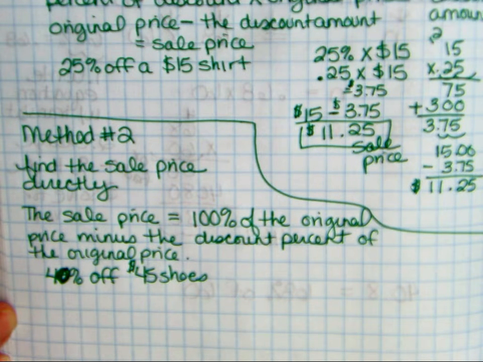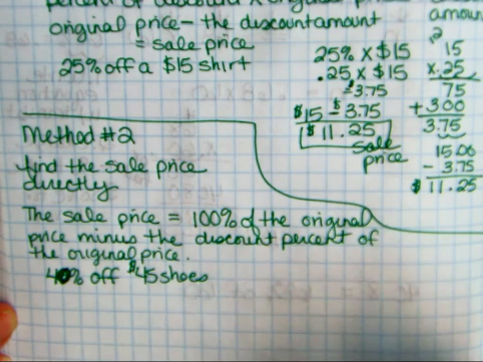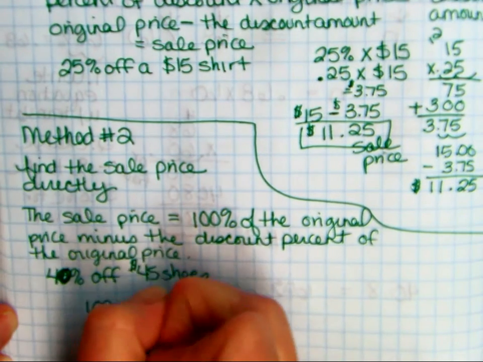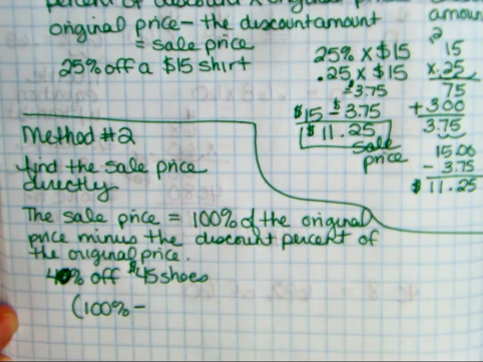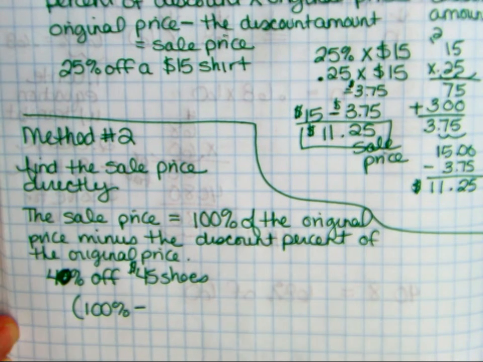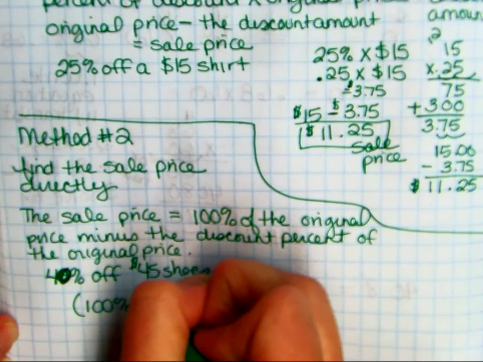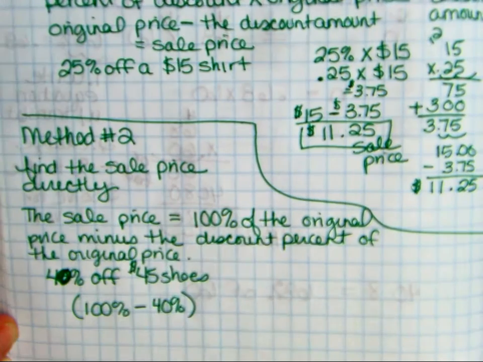Okay, so what you're going to do is you're going to take 100%, which is the original cost, right? And you're going to subtract the percentage off that it has. So up here, we got 40% off. So we do 100% minus the 40% that they're going to be discounted, okay?